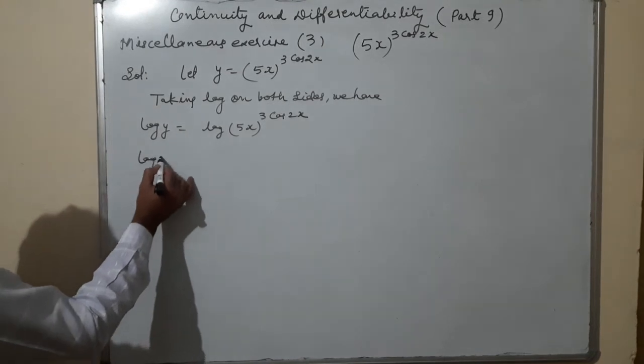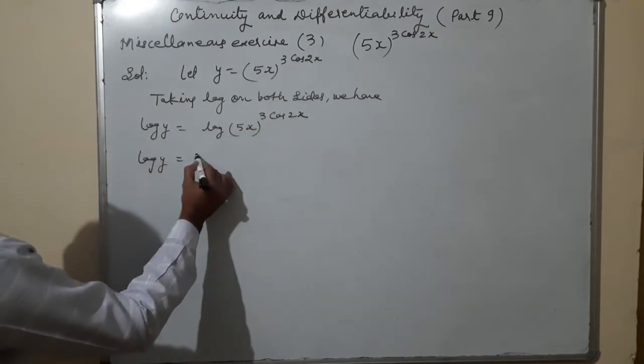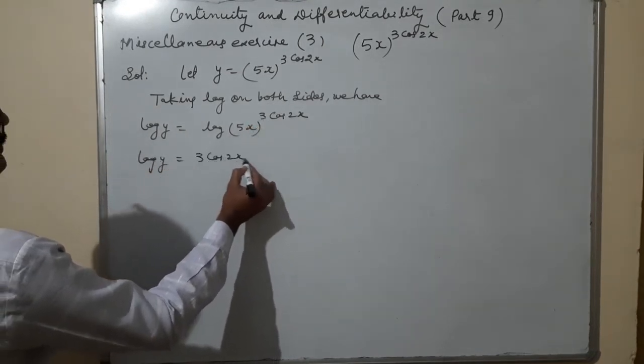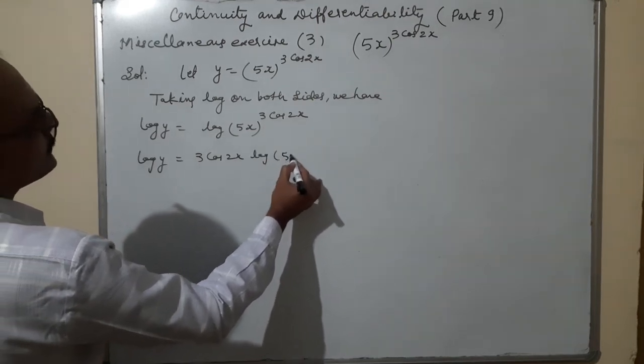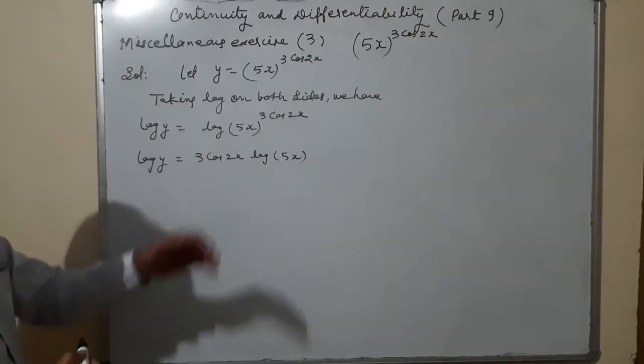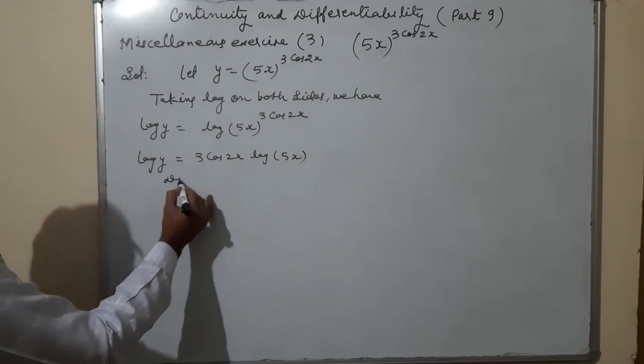Log y is equal to 3 cos 2x log 5x. Using the product rule here, differentiate with respect to x.